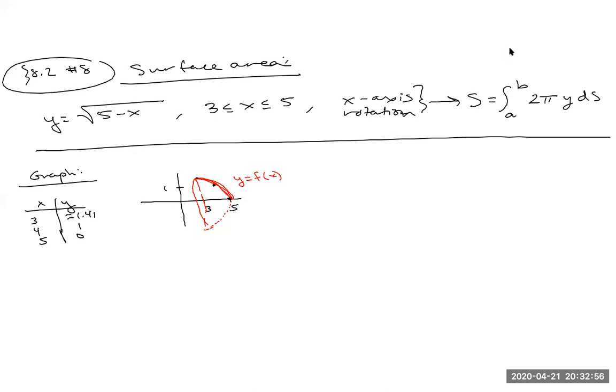So your circular strips will look like this. We can blow that up off to the side. You're going to have a radius of y.